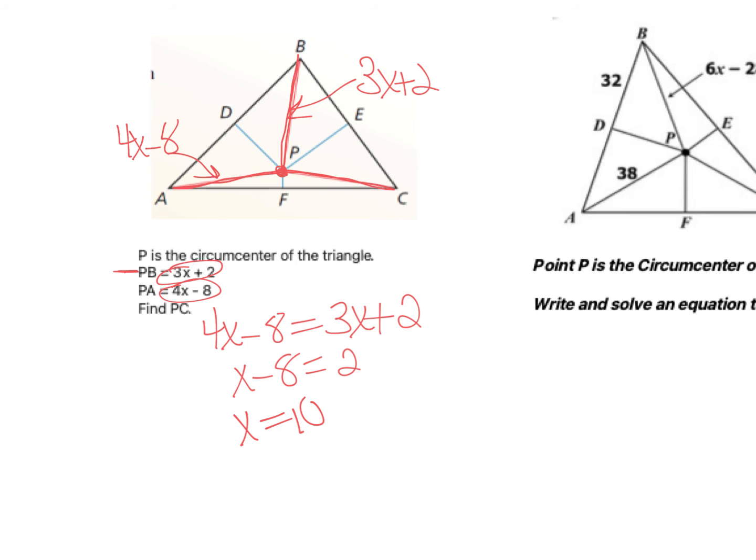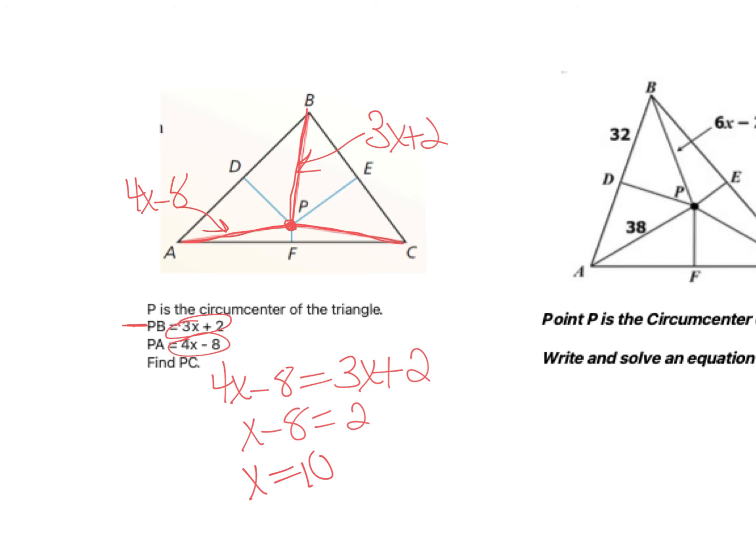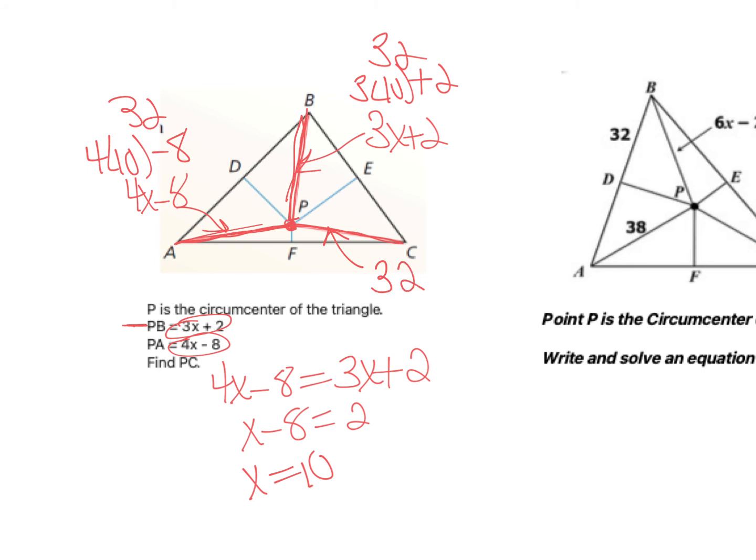So to figure out any of these side lengths, we put 10 back in. 3 times 10 plus 2 is 32. If PB is 32, PA better also be 32, but let's check it. 4 times 10 minus 8 is 40 minus 8, which is 32. So that is correct, and if these two are both 32, then PC is also going to be 32.